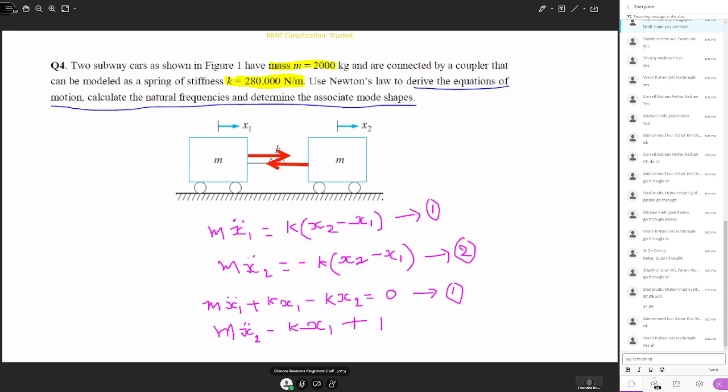So plus kx2 is equal to 0. So this is your rearranged equation 2.